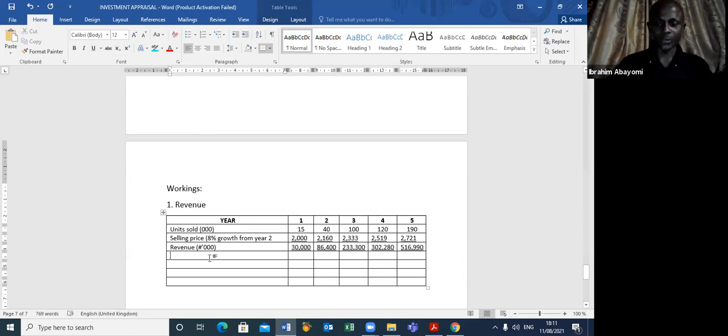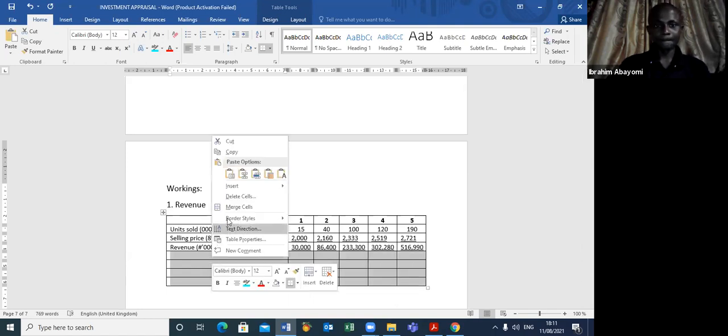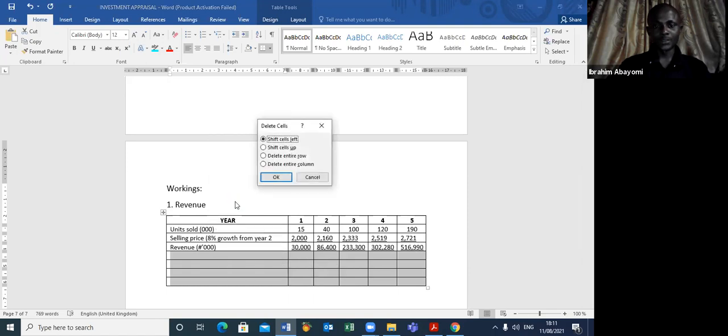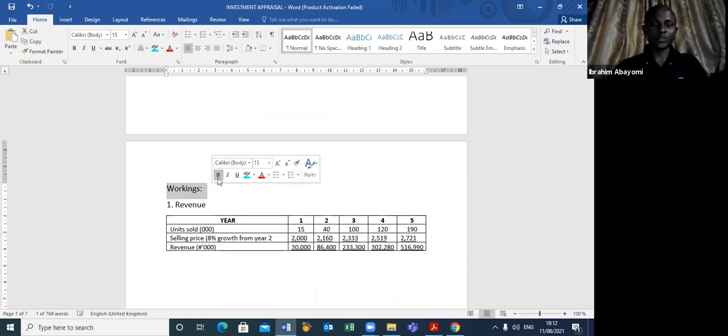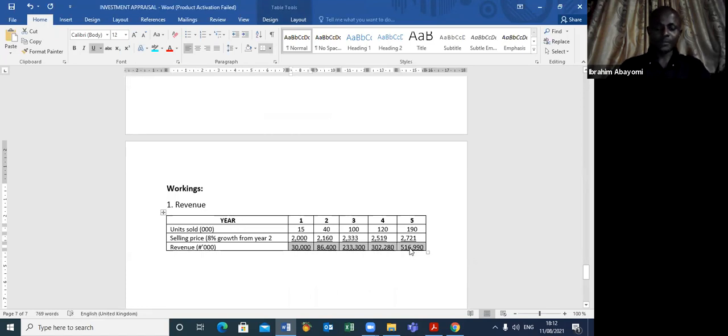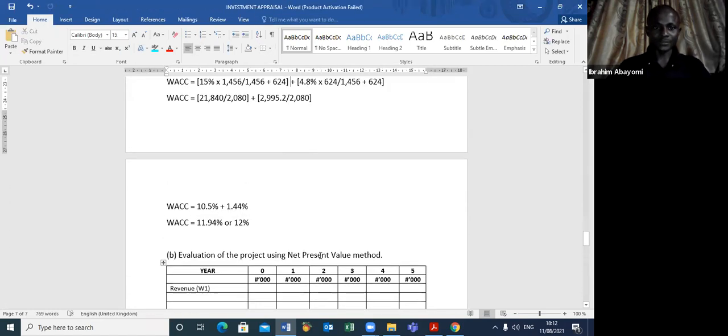Let me delete all this one I don't want. Delete entire row. Okay, so this is our sales revenue. I simply copy this and paste it there in my table.